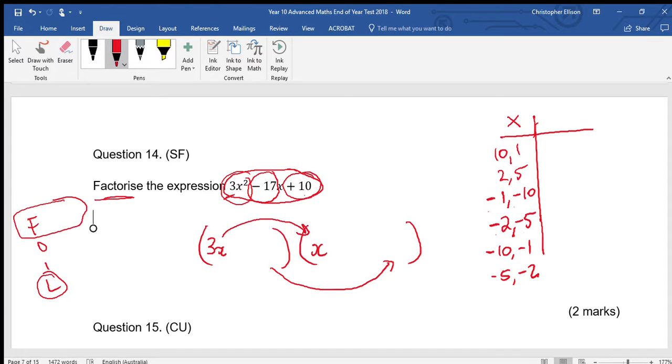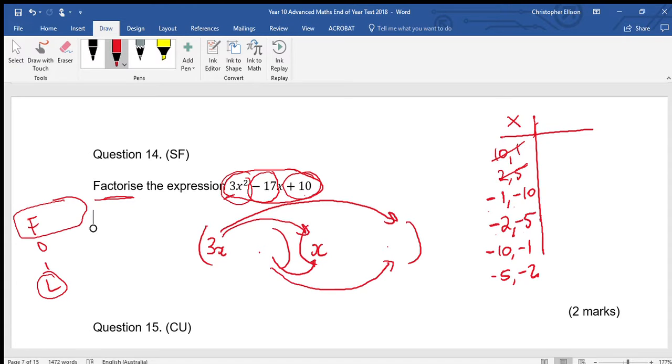But what we need to work out is, when we do the inner two values, these two here, and the outer two values, those two there, we're looking for the combination that, when we get both of those together, gives us negative 17, remembering that the outer ones will be multiplied by 3. You can use a little bit of trial and error here, and we can eventually work out whether we're getting close or not. We've already decided to eliminate these positive values because we are after a negative value here.